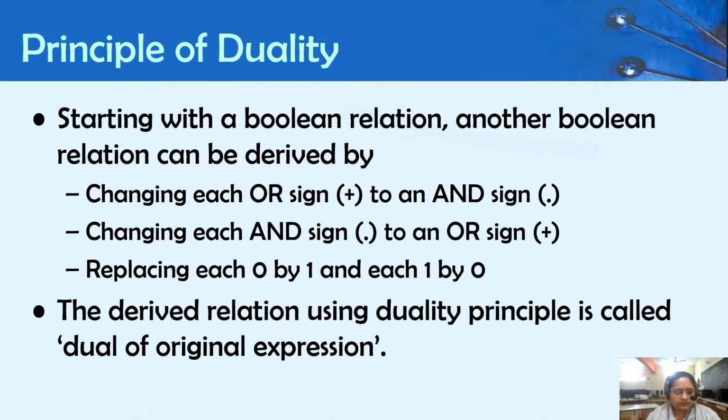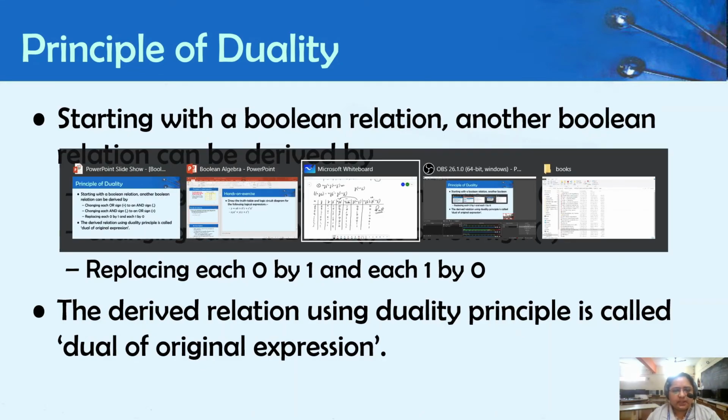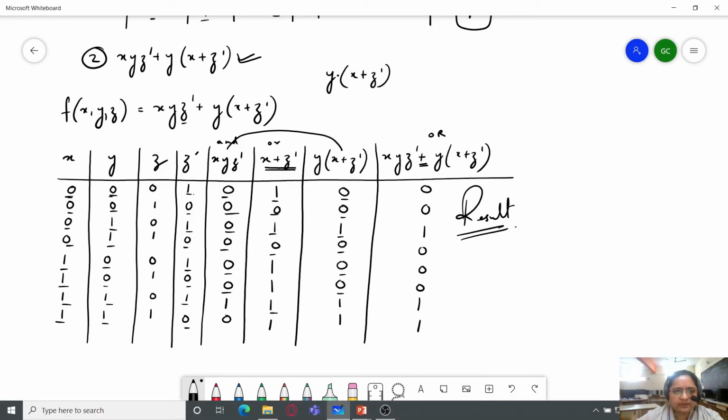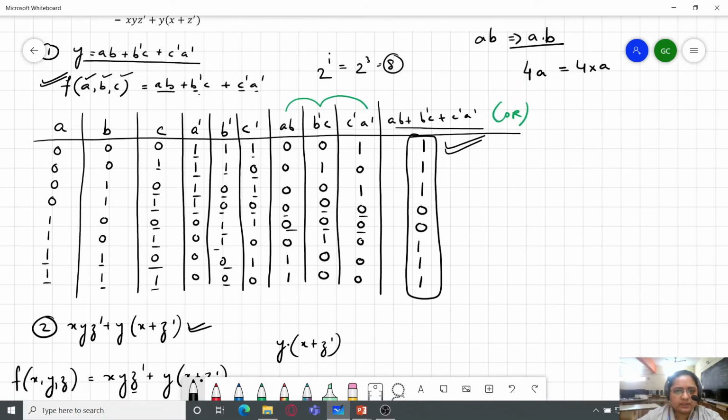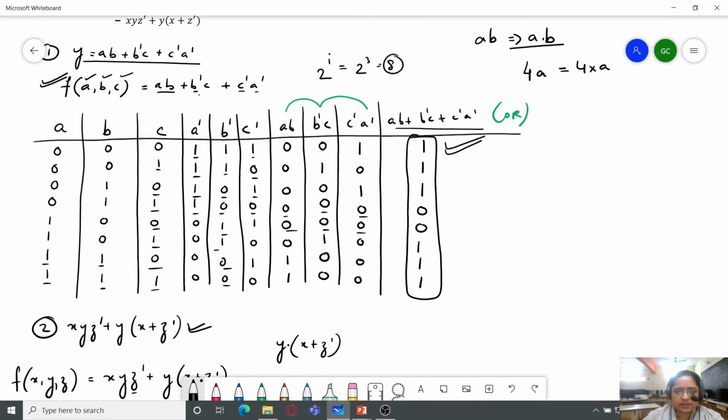Okay. For example, we will take these same expressions. Y equals AB plus B dash C plus C dash A dash. So we have this expression here, AB plus B dash C plus C dash A dash.